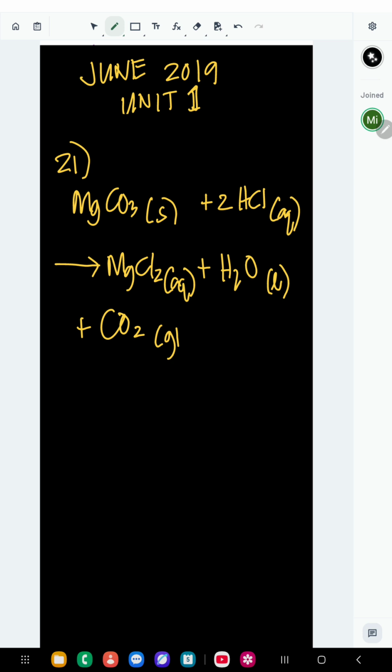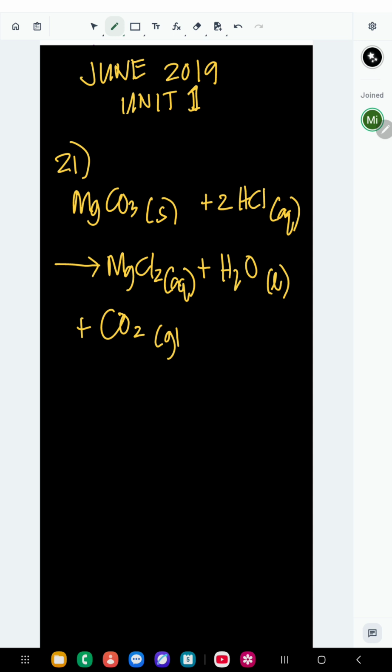Magnesium carbonate here is a solid or a powder, and hydrochloric acid and magnesium chloride are aqueous because they dissolved in water. And then carbon dioxide is the gas that is released from the reaction.